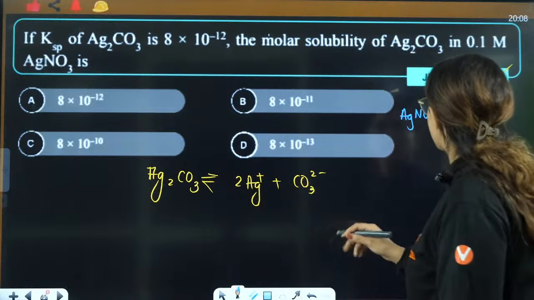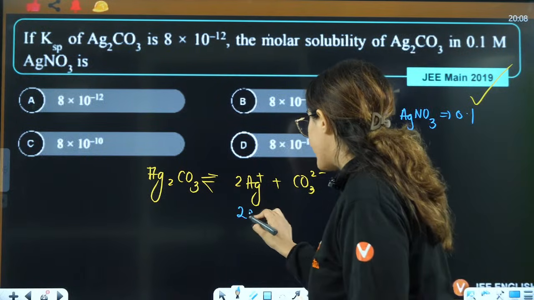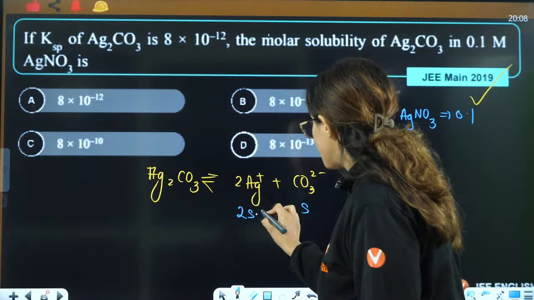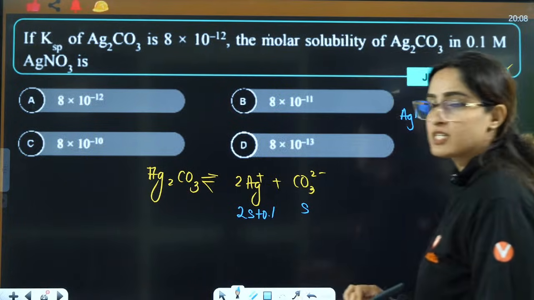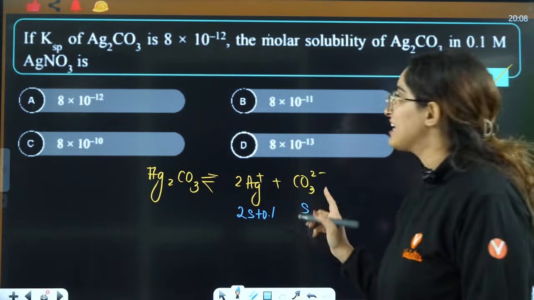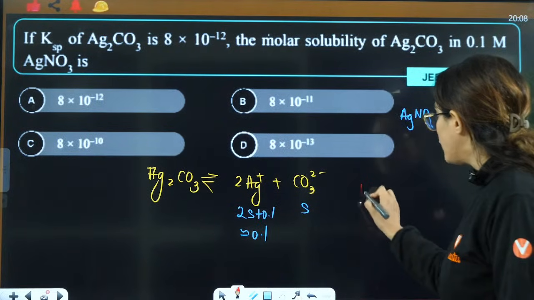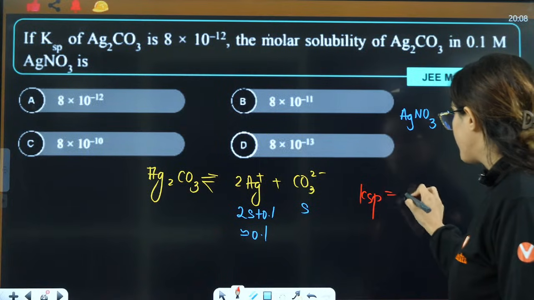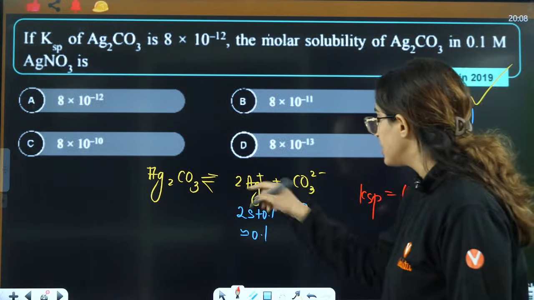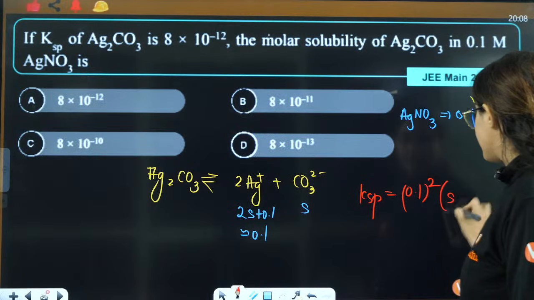So that means Ag+ will be 2S and CO3 will be S, but Ag+ will come from AgNO3 as well, that is approximately equal to 0.1. So the value of Ksp will become 0.1 squared for Ag+, times S.